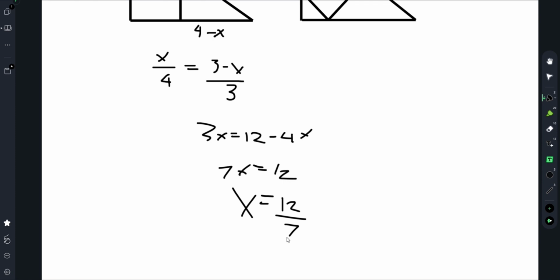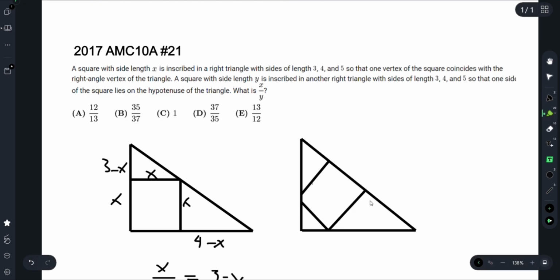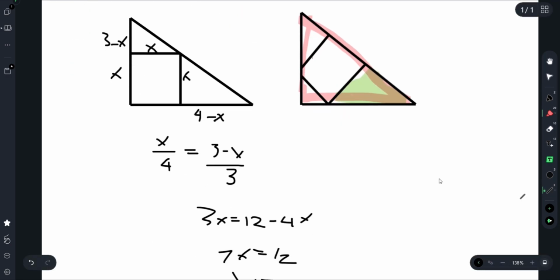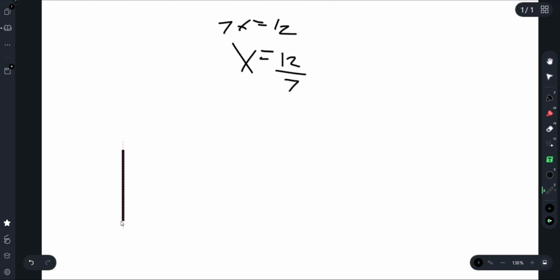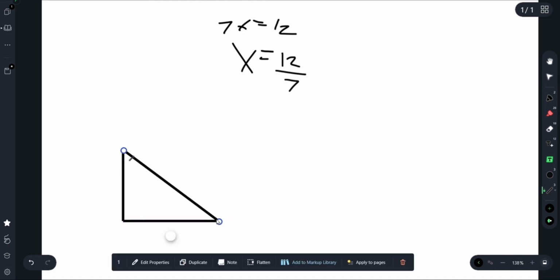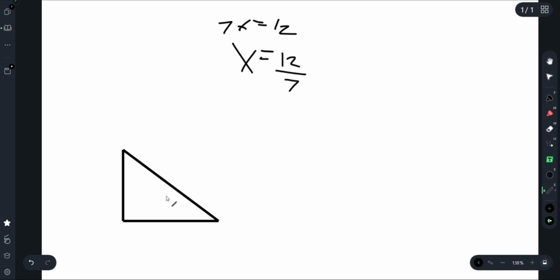So for the second right triangle, we can tell that this right here is similar to the big triangle. Sorry for the bad graph. I'm going to redraw it in a second. Let's redraw it down here. So what we have is something like this.